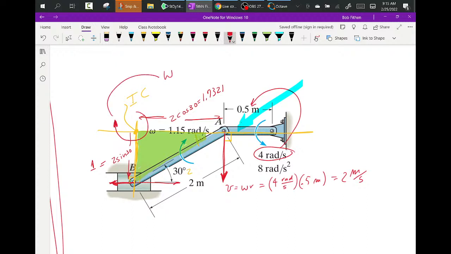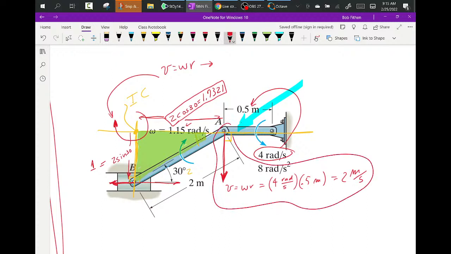Omega, now he gave us omega, and we're going to check him. V is equal to omega r. So any point connected to this rotation here, the velocity is determinable by taking the r to it. So in other words, velocity at point A happens to be 2.